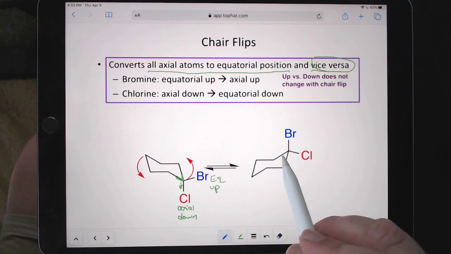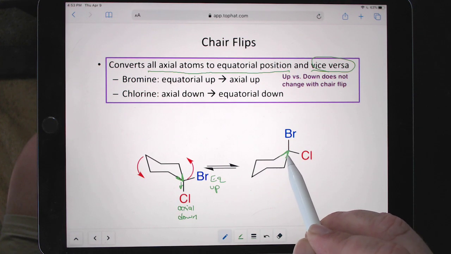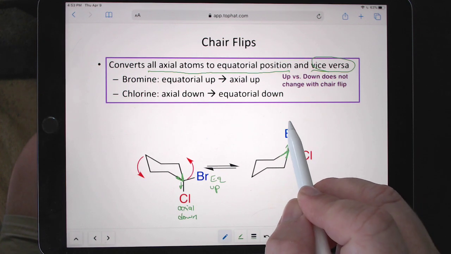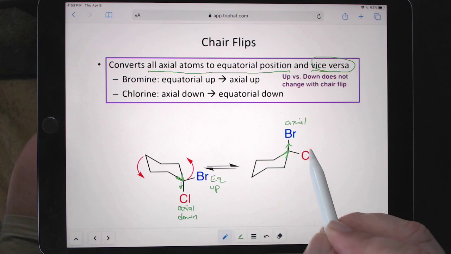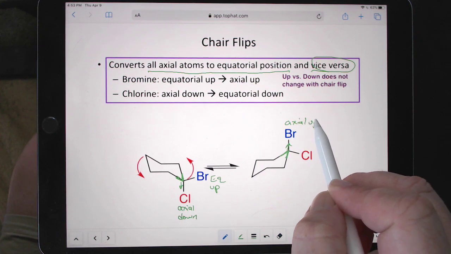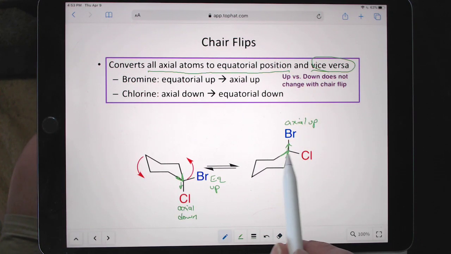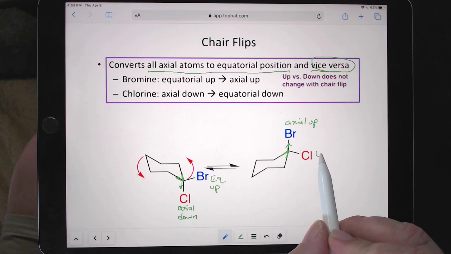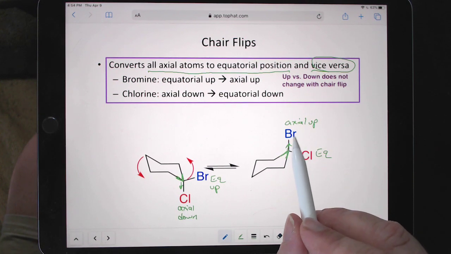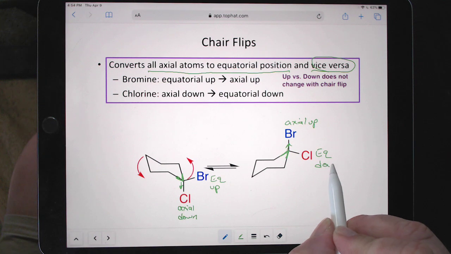Now when we do the chair flip, the carbon-carbon bonds are pointed straight up, so that means the axial is straight up. So now this is axial, but it's still above that chlorine, so that's still up. Here, again, it's just sticking off to the side, so this is equatorial, but it's below the bromine, so this is down.